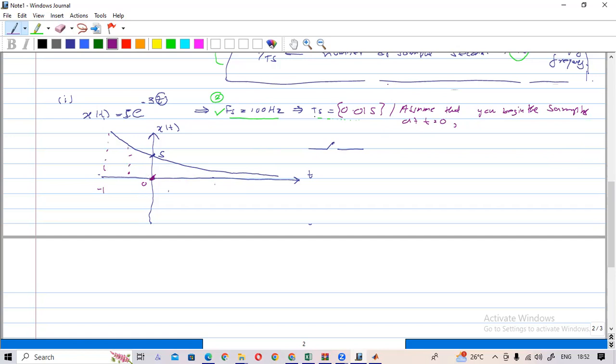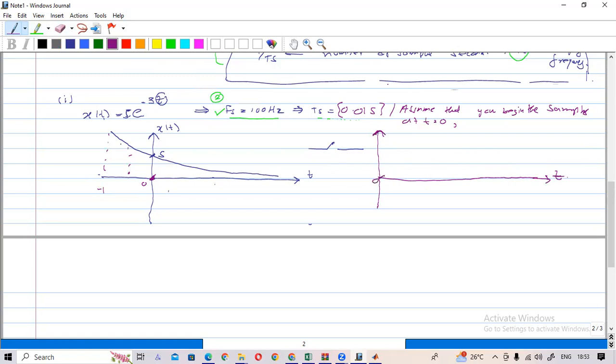At t is equal to 0, we are getting one sample.